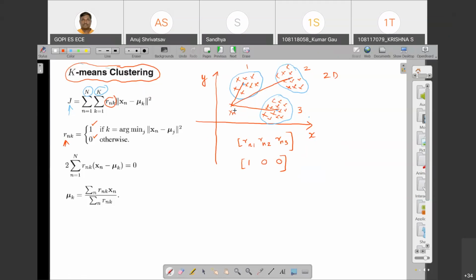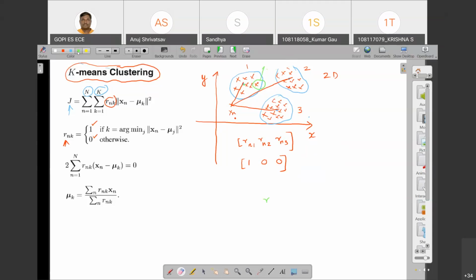So that is the meaning of writing R nk. Every vector, not only this one, we can take any vector here. For example, this vector is closer to this centroid, so we give this value 1.